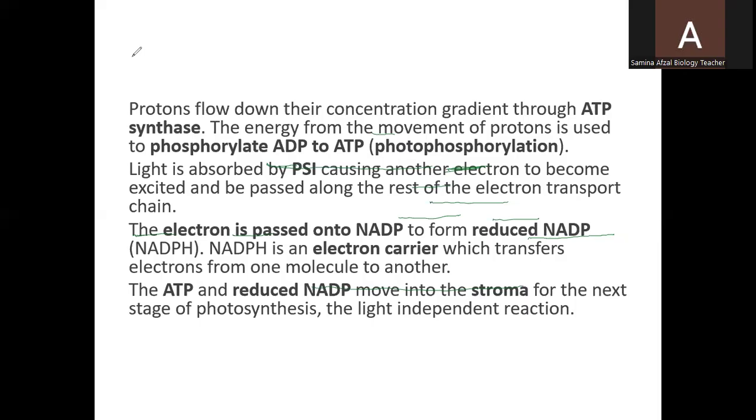The energy from the movement of protons is used to phosphorylate ADP to ATP, because ATP synthase is used for the formation of ATP. So here photophosphorylation will take place and there will be the formation of ATP from ADP.